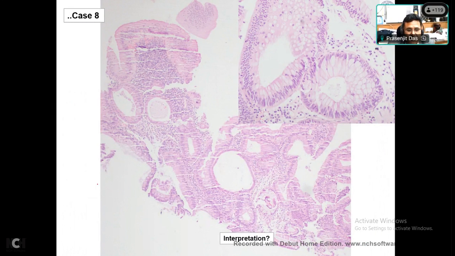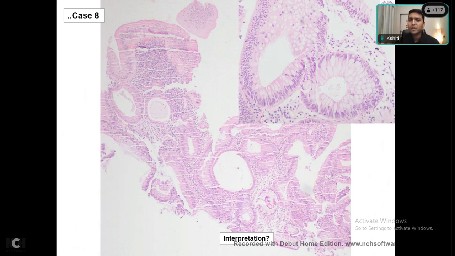So what do you see in the background, and what are you trying to tell us in the higher part? What is happening? There's low-grade dysplasia setting in. Okay, you suspect it to be low-grade dysplasia. And what are the background findings? Stick to our basic questions: is the architecture distorted?